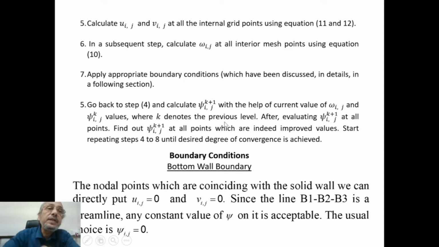That means there is no more change in psi values, or we have to give some convergence criteria and check. If it doesn't meet that criteria, we go back to step 4 and execute steps 4, 5, 6, 8. This is the way, in iterative format, we go for the solution.